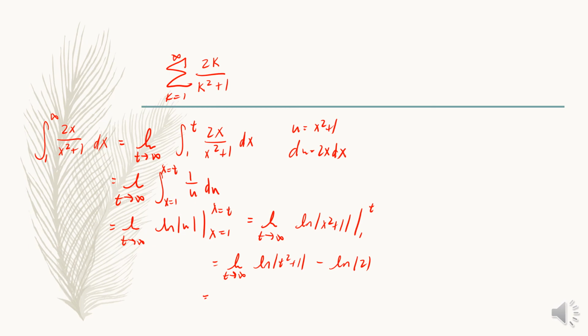So the natural log of t squared plus 1, as t gets bigger and bigger, so does the natural log. It grows slowly, but it does go towards infinity. So this whole thing is going to go towards infinity. Subtracting the natural log of 2 doesn't do anything, so I get infinity, which is not a number, which means the integral diverges. And since the integral diverges, so does the series.